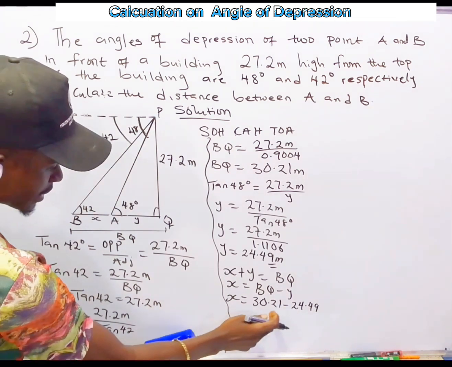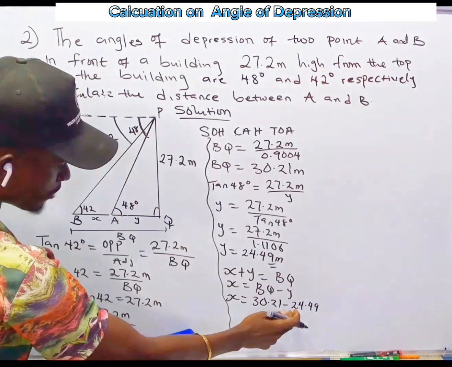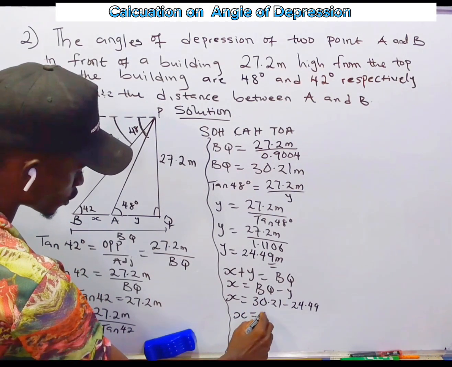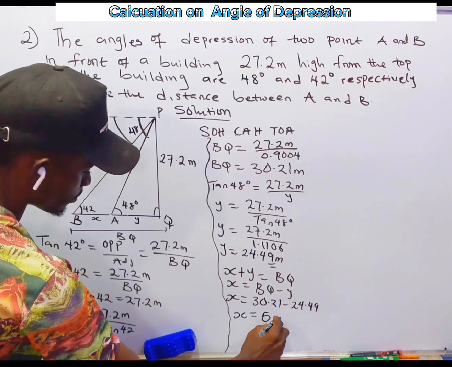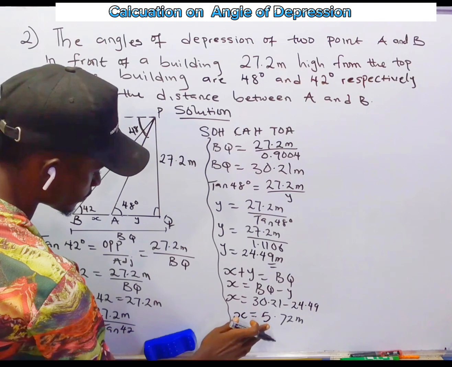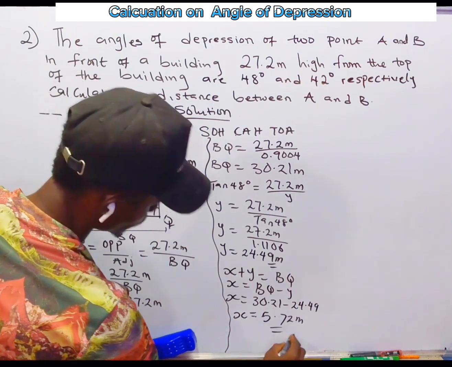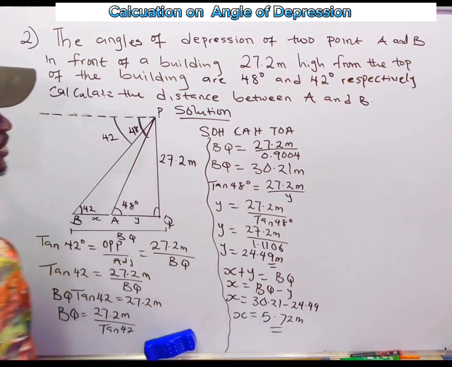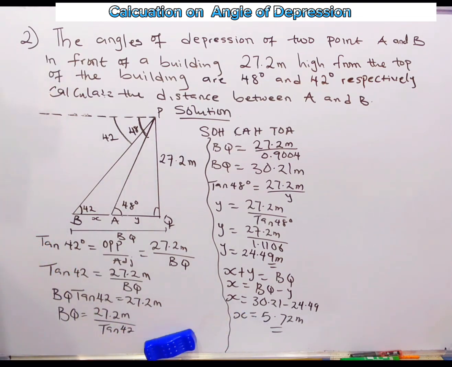So 30.21 minus 24.49, our x will be equal to 5.72 meters, which is, distance AB is 5.72 meters.